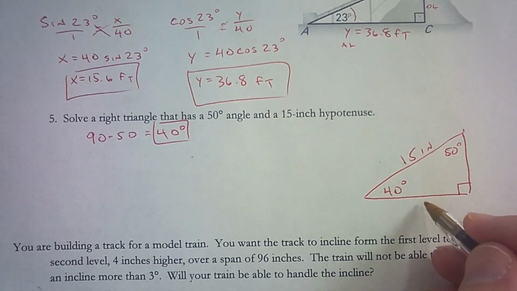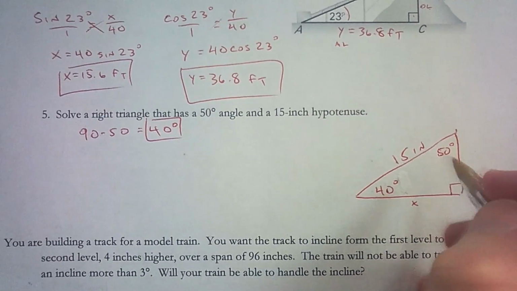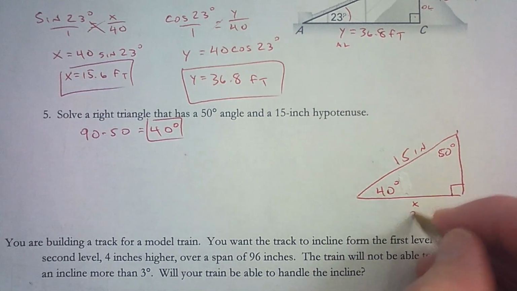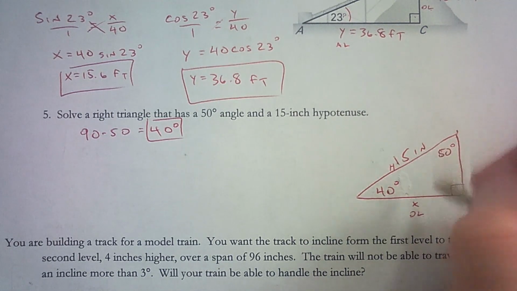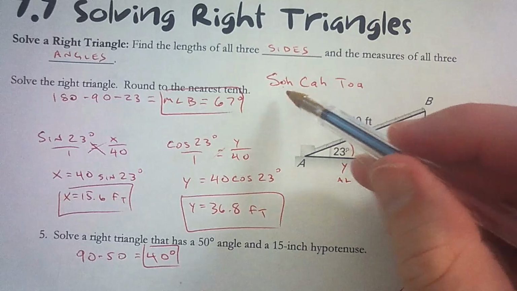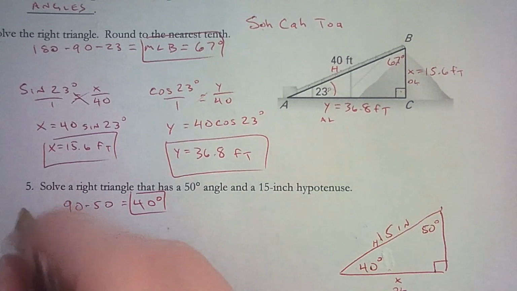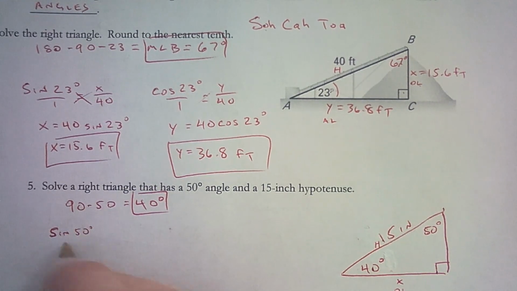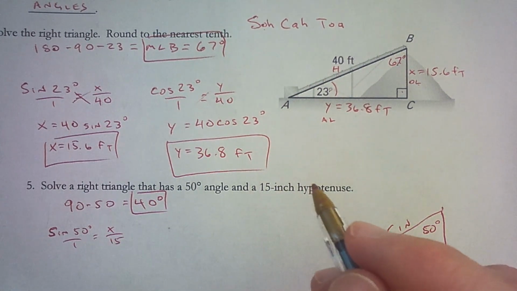Okay, then let's call this x. So we'll use this 50-degree angle that we started with here, and x is the opposite leg, and 15 is the hypotenuse. So that means we are going to use sine, opposite and hypotenuse. So we have sine 50 degrees is to 1, as the opposite x is to the hypotenuse 15.